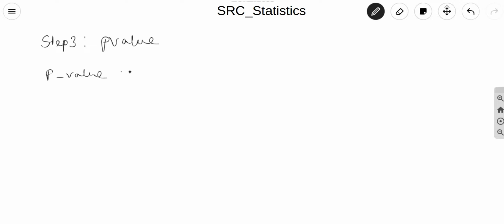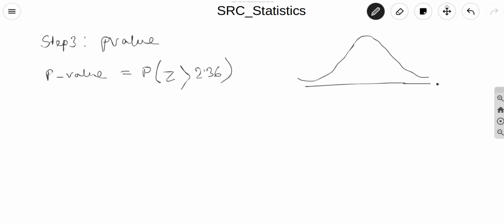The p-value for a right tail test will be probability z greater than 2.36. 2.36 is our test value of the test statistic. So the p-value is calculated with the help of the test statistic. So 2.36, and we have to find out this value. So that is our p-value.